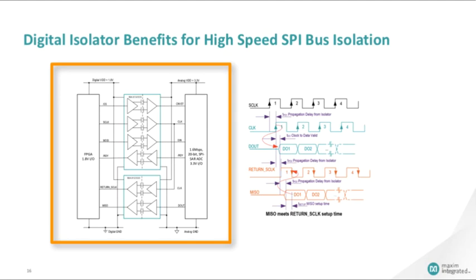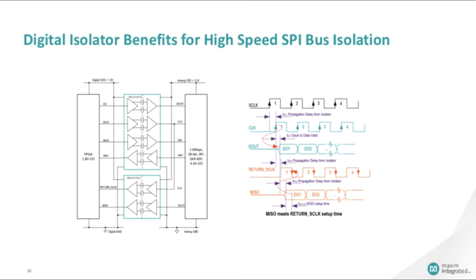This ensures that the timing of CLK and DOUT are still in sync by the time they have been isolated and reach the FPGA as return clock and MISO, respectively. In order for this arrangement to be successful, it is essential not only to have low propagation delay and low channel-to-channel skew, but low part-to-part skew is also critical.